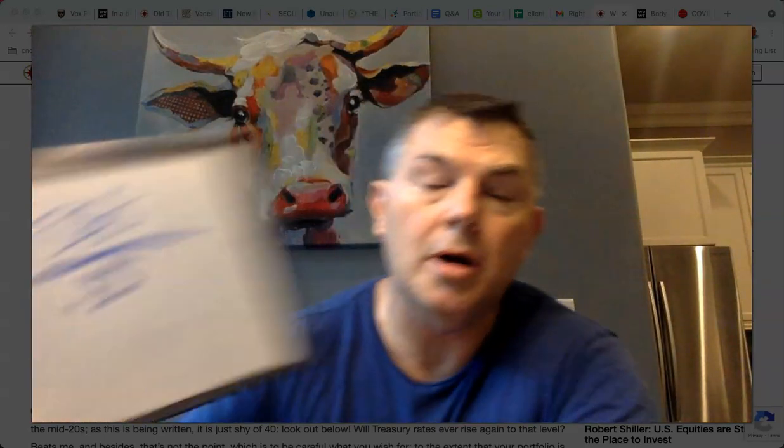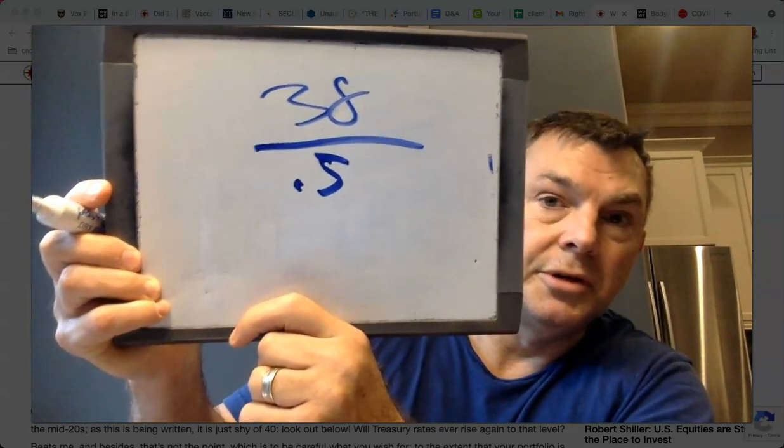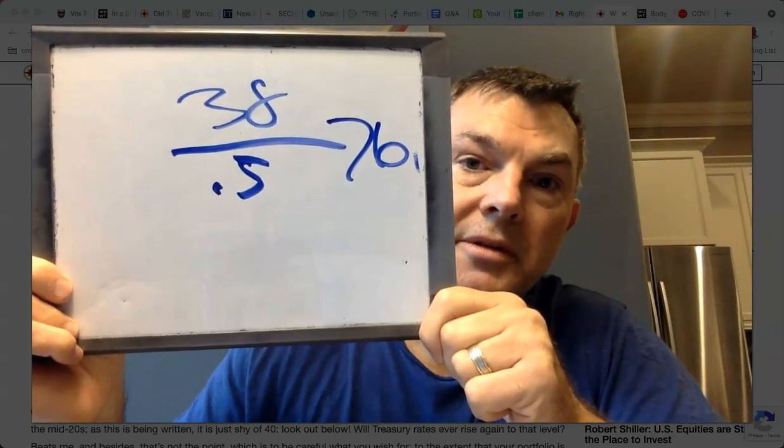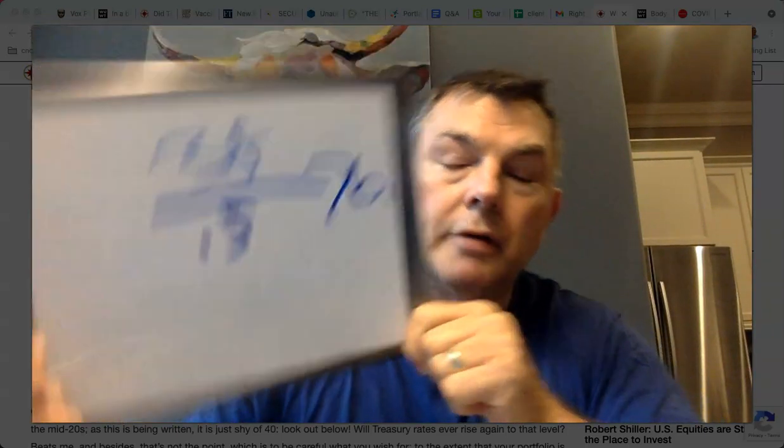The cost-wise for leveraged companies, which many are, our earnings are still 38. Now our PE ratio is what, 76? So now we're paying $76 for $1 of earnings, which is more realistic in this scenario.